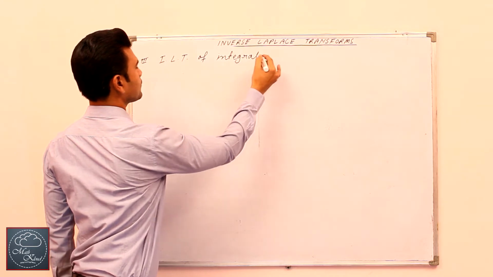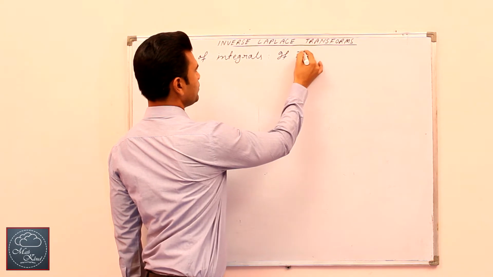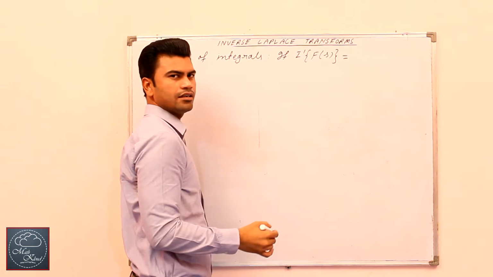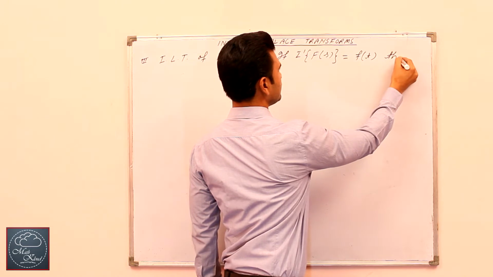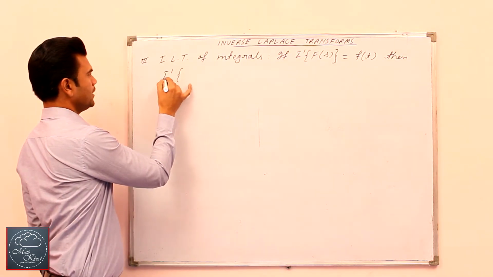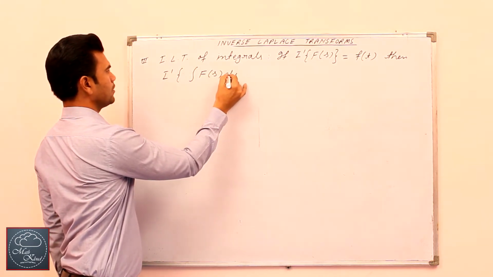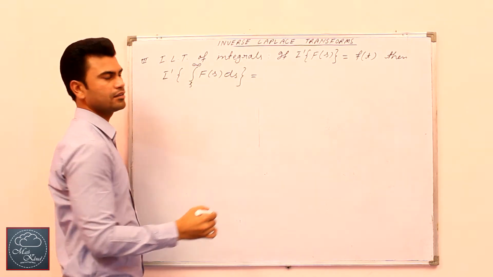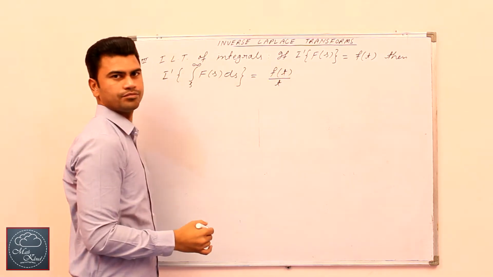That is, if you know the inverse Laplace transform of your function F(s), and say it is given by f(t), then the inverse Laplace transform of the integral of F(s) from s to infinity is given by f(t) over t.